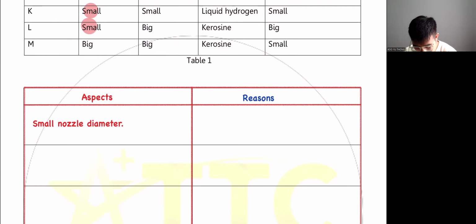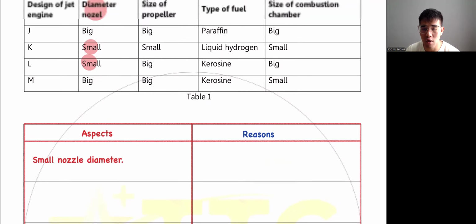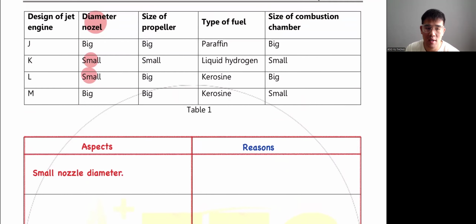And then, like I said, for every characteristic of parts you choose, you have to give a reason. So why do we pick the diameter of the nozzle of the jet engine to be small? Now that's because it has the same theory as, have you guys tried playing with your water hose before, in the toilet, or let's say in the garden, when you see water flowing out from the water hose, and you go and pinch the nozzle of the water hose?